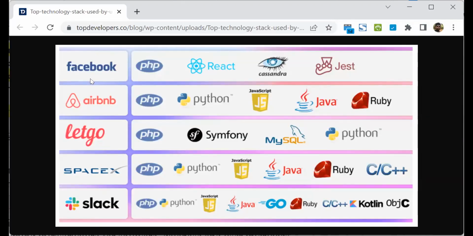Okay, what software technologies were used for this? You can see that as a dynamic programming language, they have used PHP, React. As a database, they have used Cassandra, and so on. And you can see in here, there are different software systems. They use a different stack of technologies, the software to build this information system, which means you can see the choices are different.